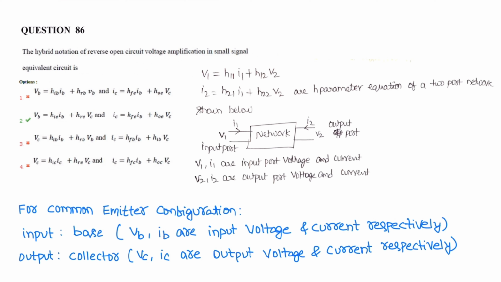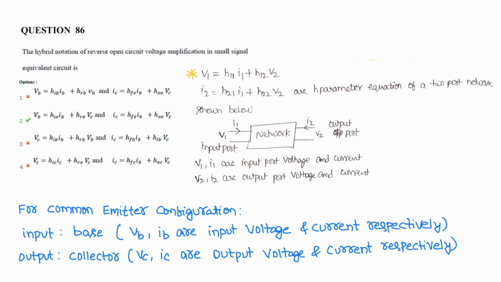Next question. The hybrid notation for reverse open circuit voltage amplification in the small signal equivalent circuit is. We know the definition of hybrid parameters: V1 is equal to H11 I1 plus H12 V2, and I2 is equal to H21 I1 plus H22 V2, where V1 and I1 are the input port voltage and current, and V2 and I2 are the output port voltage and current.